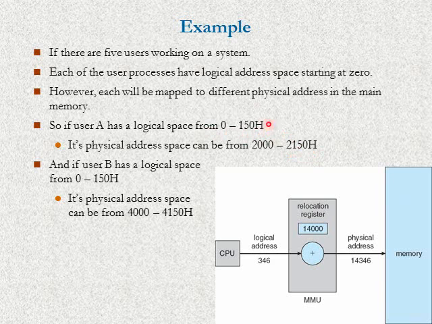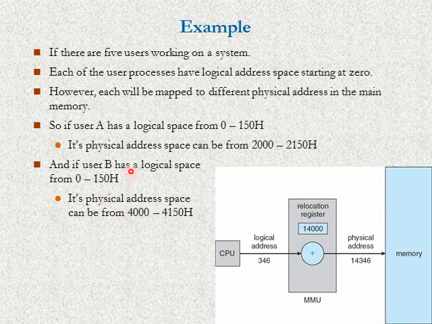So these logical addresses are mapped onto these physical addresses. In the same manner, if we have another process, process B, and its logical space is the same, 0 to 150 hexa, it is possible that on the main memory, its physical address space is from 4000 to 4150 hexa.